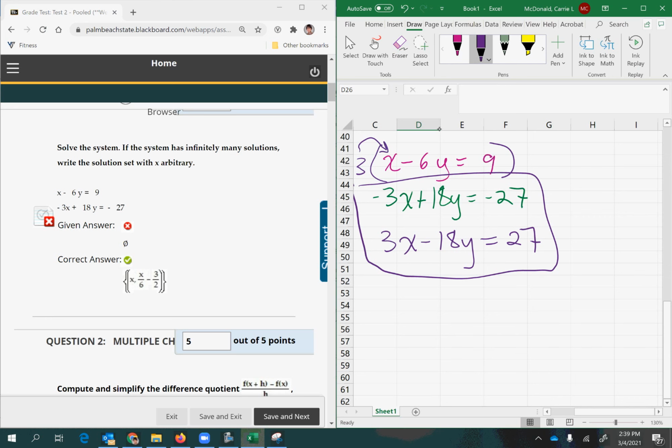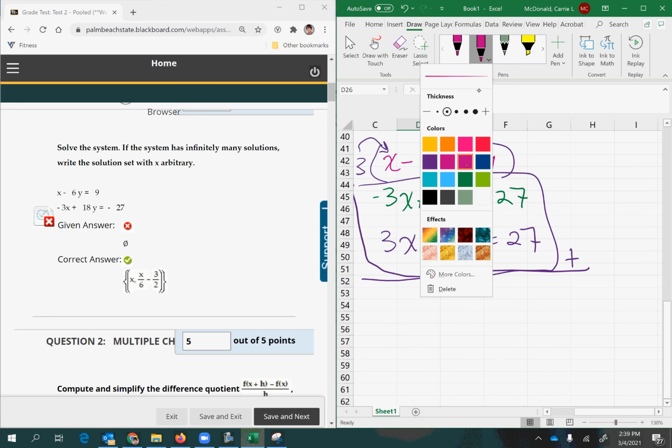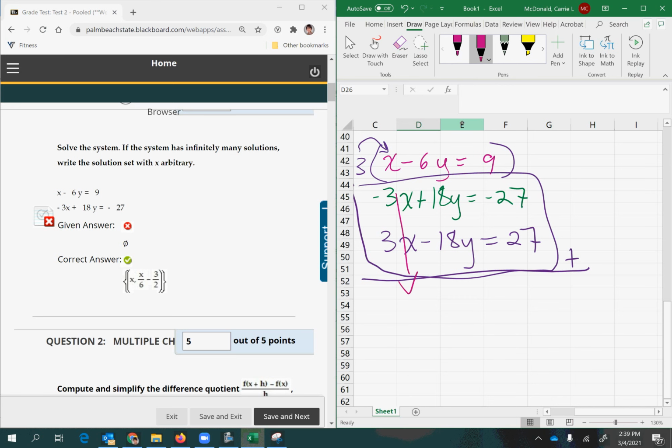When I combine by adding, which is why the elimination method is also known as the addition method, I'm going to add up these two, and that gives me 0x, or just plain 0. Then these two add up to 0y, or just plain 0. And these add up to 0. So all of this simplifies to 0 equals 0, which is true.